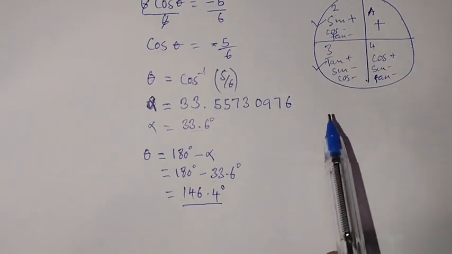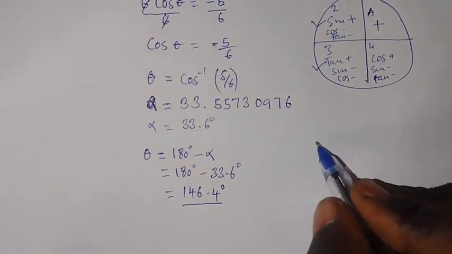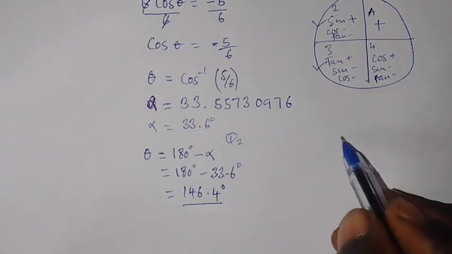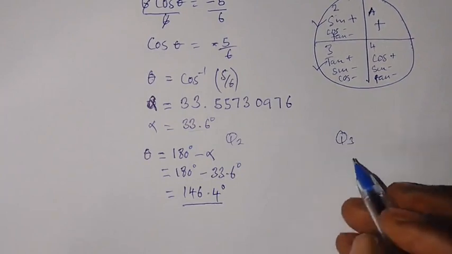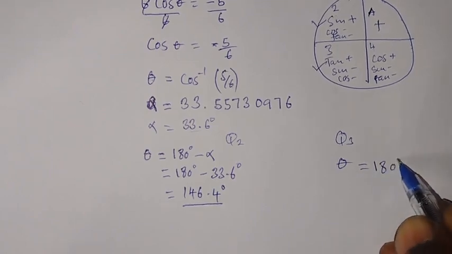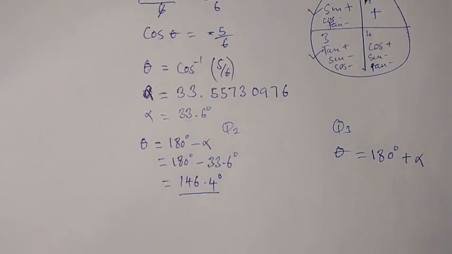Then in which other quadrant is cos negative? It's in the third quadrant. So this was for Q2. In the third quadrant, we'll say theta is equal to 180 degrees plus the basic angle that you have.